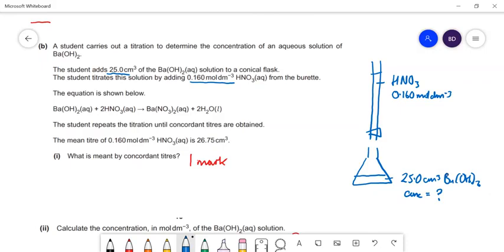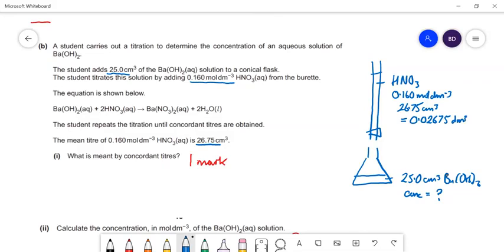The mean titre is 26.75 centimeters cubed. Now, we're going to convert that volume into dm cubed in the equation. So let's do that now. We divide by 1,000, 0.02675 dm cubed.